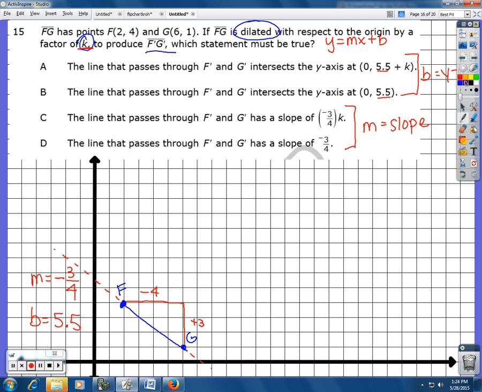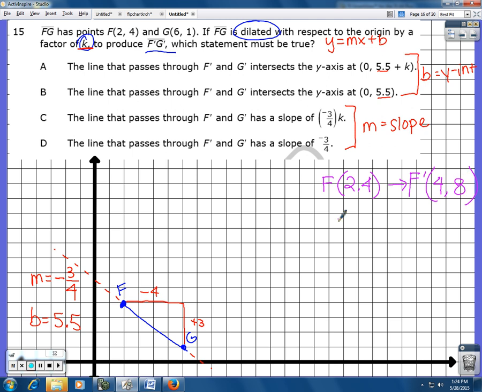And again, you could use any one to kind of guess and see what it would be. So for F, we originally started with 2, 4. If we were to dilate that by a factor of 2, when we dilate, all we do is multiply by that factor. So 2 times 2 would give us 4, and then 4 times 2 would give us 8. G was 6, 1.